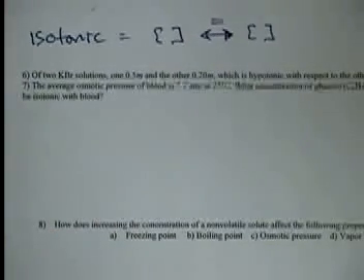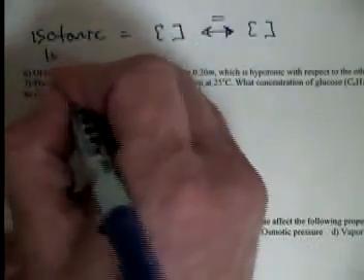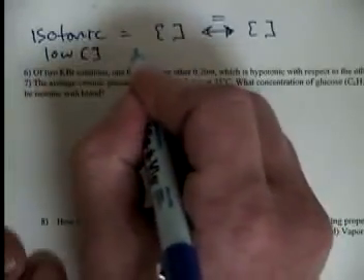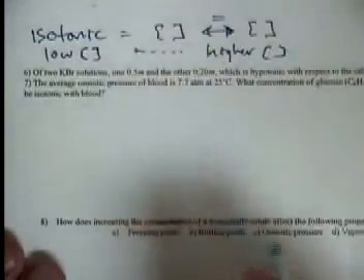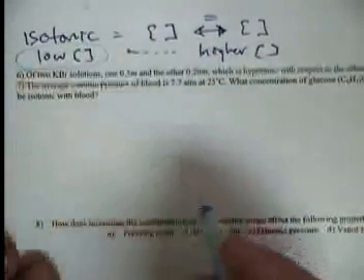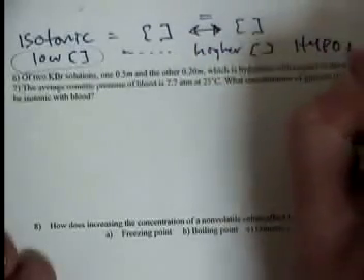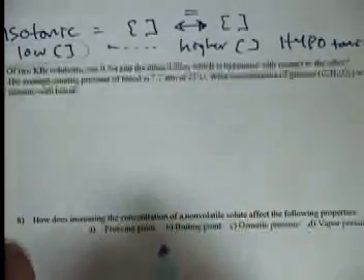An isotonic solution. Second of all, if there's a solution that is of low concentration with respect to one that has a higher concentration, we say that the one that is a low concentration is hypotonic with respect to that higher concentration.